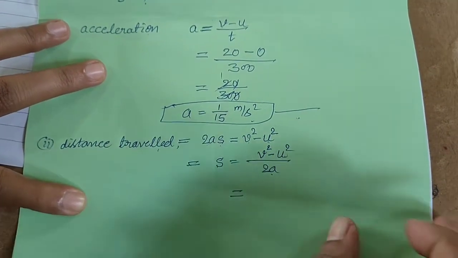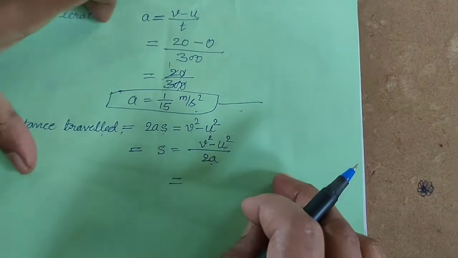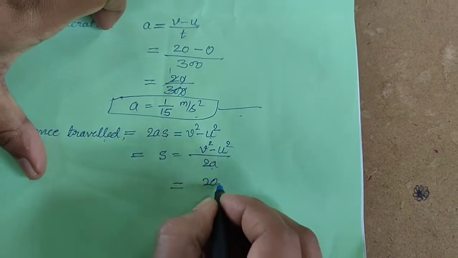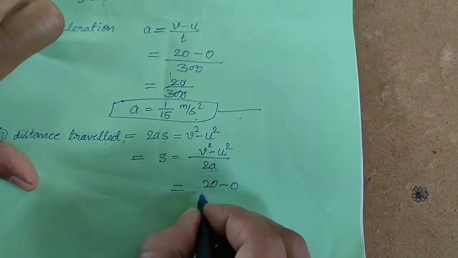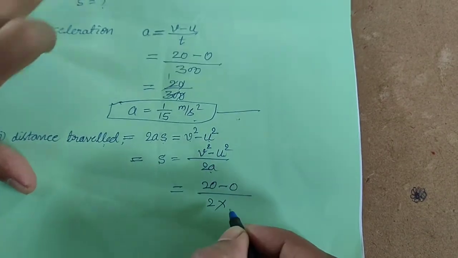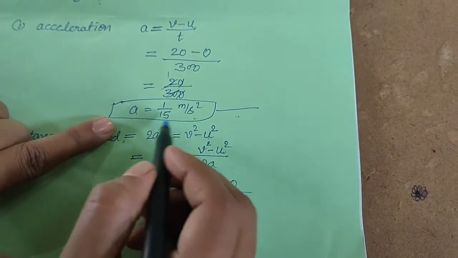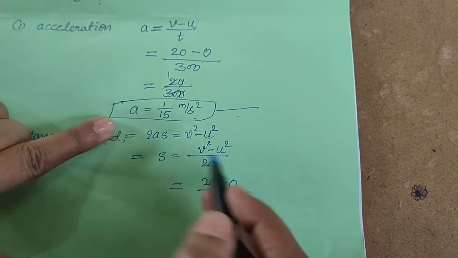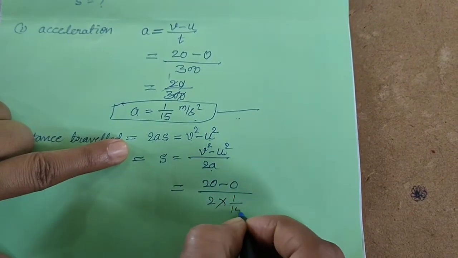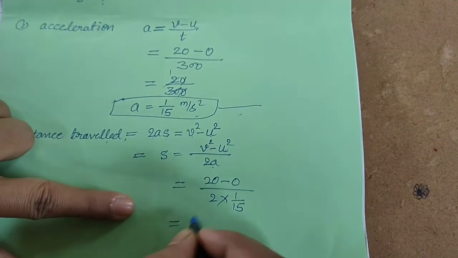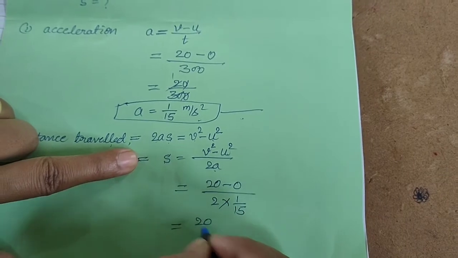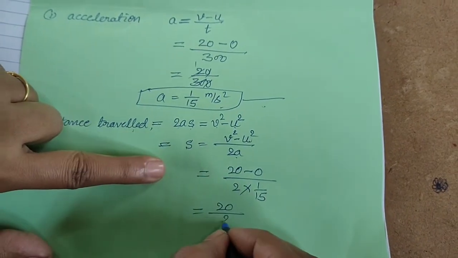Now I put the values. V is 20, u is 0, divided by 2 into a. A is nothing but, I already found the solution of acceleration, 1 by 15. So now subtract: 20 minus 0 is 20, divided by 2 by 15.